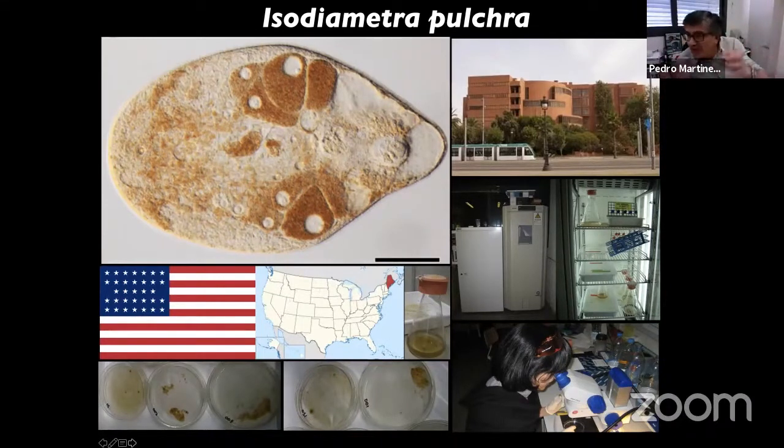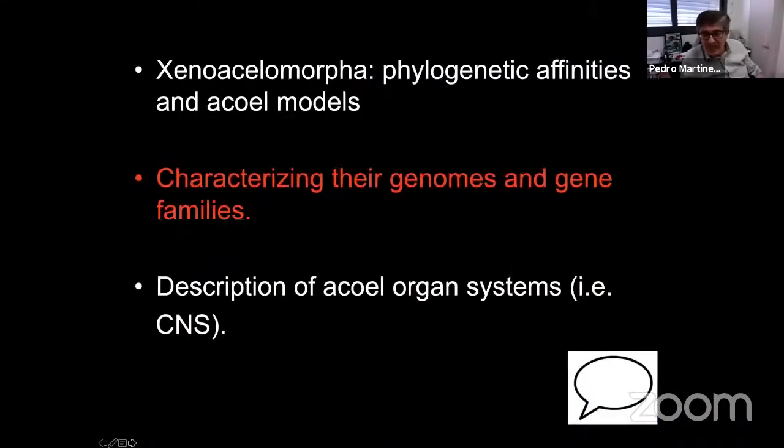I won't explain many details of the data because we have an audience with different backgrounds, and probably you want to know what we do and what kinds of animals we are exploring. So these are the models, as I told you in the first point, that we are using in the lab. And these correspond to two major groups of Xenacoelomorphs. Remember, that are probably old bilaterian animals.